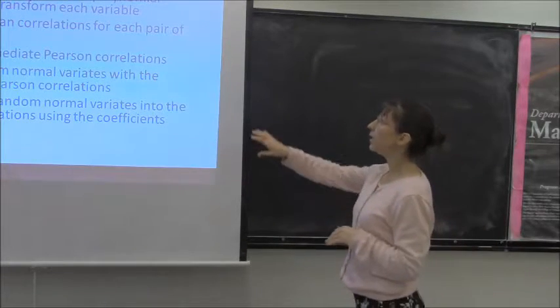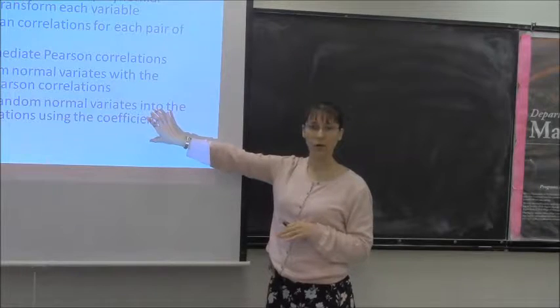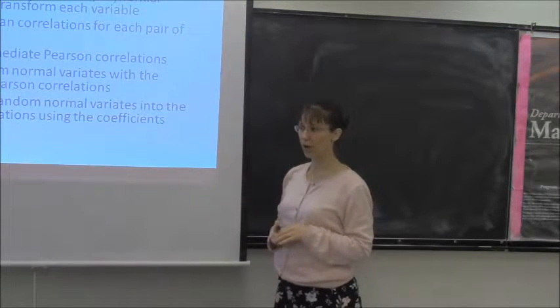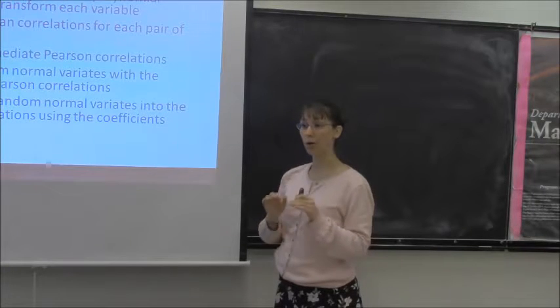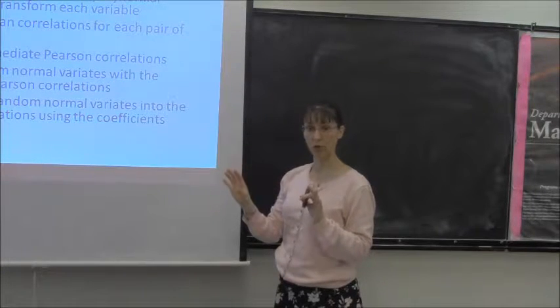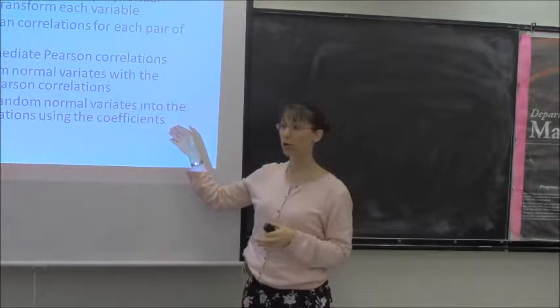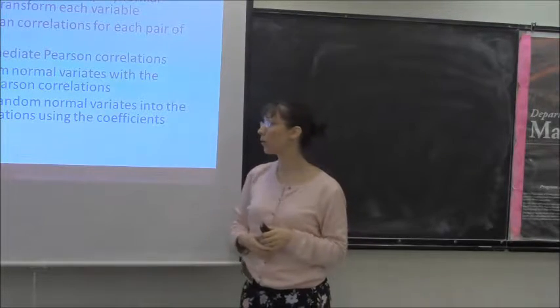So ideally, when we're finished with this process, what we should have is non-normally distributed variables with the exact non-normal distribution that we intended and the correlations that we intended, the intended Spearman correlations.